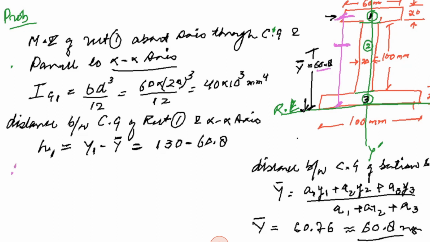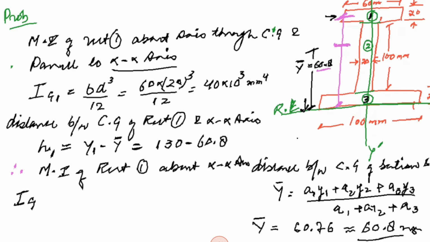Now, when we have to calculate the moment of inertia of rectangle 1 about the x-axis, it comes out to be IG1 plus A1 h1 squared.